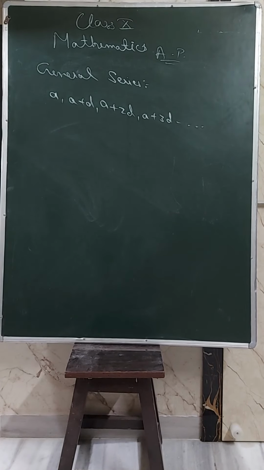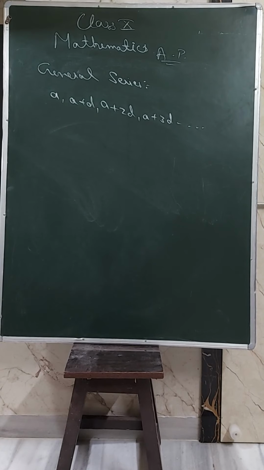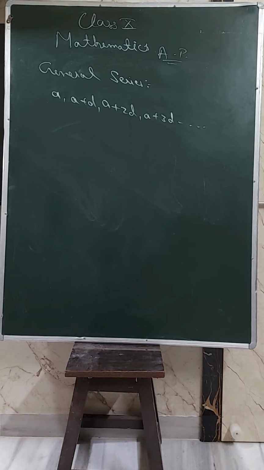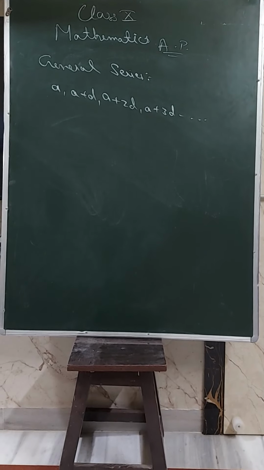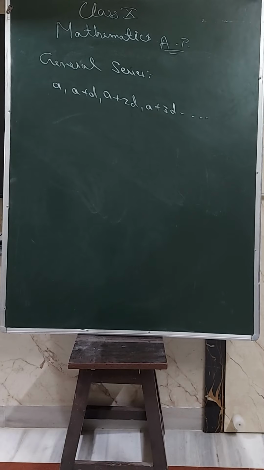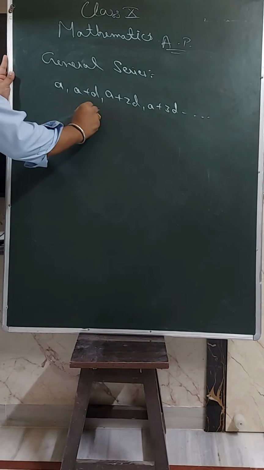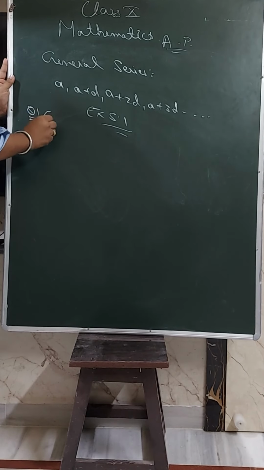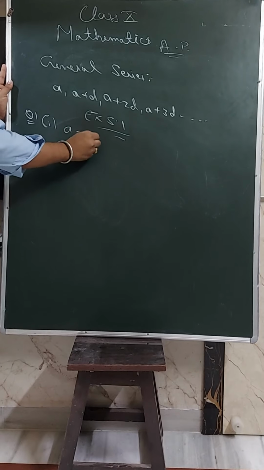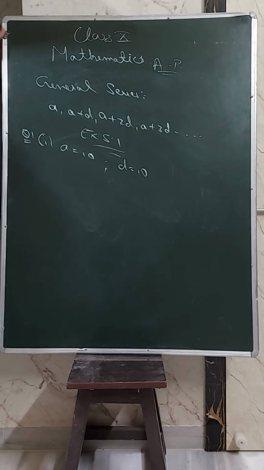Just like the second question now. See question number 2: write the first 4 terms of the AP whose first term a and common difference d are given as follows. In exercise 5.1, question number 1, first part, a is given 10 and d is also 10.